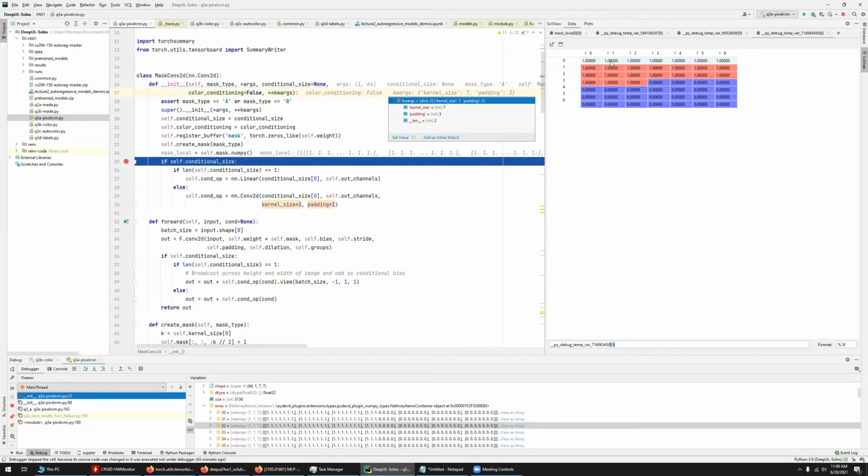Imagine the first pixel: these 3 are padding, and these 3 are padding, and this would be our first pixel. So the mask first zeroes it out, so we can't use that first pixel.